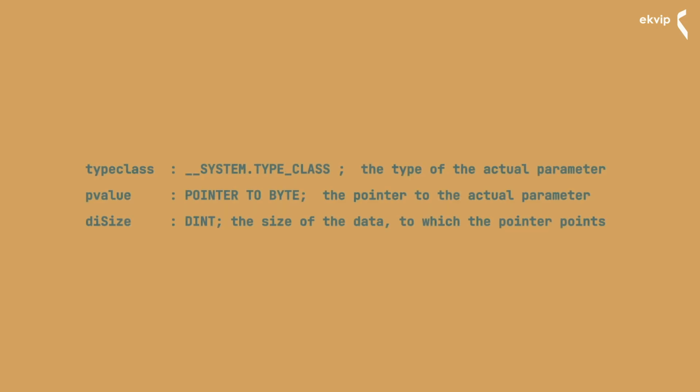When compiling the code, the input variables with any data type are replaced internally with the following structure. The structure elements are assigned to the actual call parameter at runtime. TypeClass of system.typeclass, this is the type of the actual parameter. pValue a pointer to byte, this is the pointer to the actual parameter. diSize of type dint, this is the size of the data to which the pointer points.